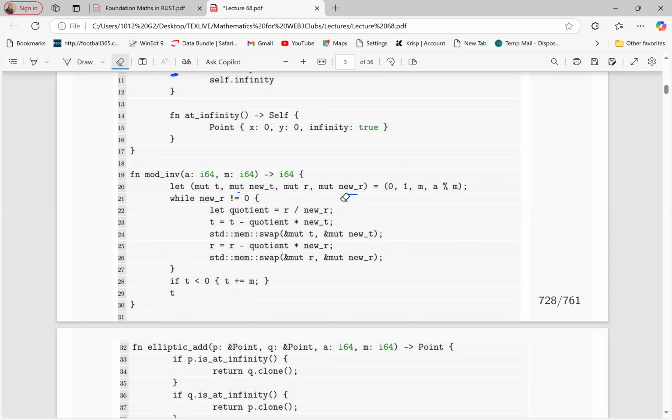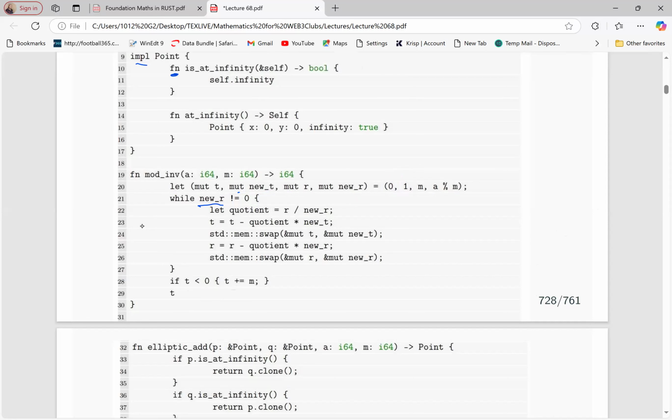So it begins at that. Then it says something here. While new r, where is the new r? New r is the last one.